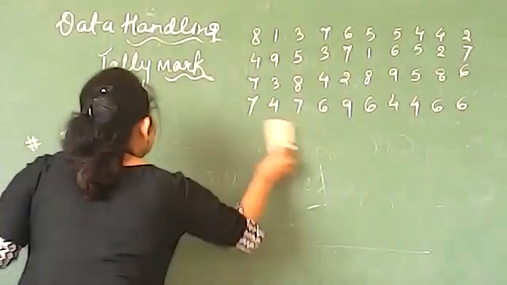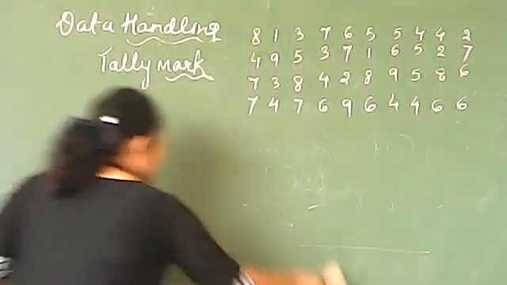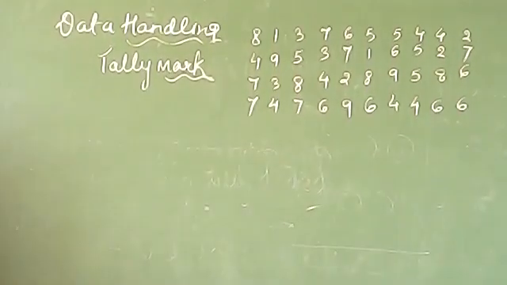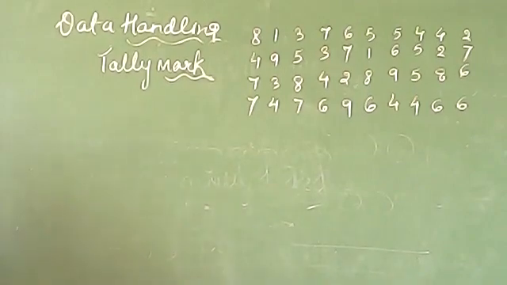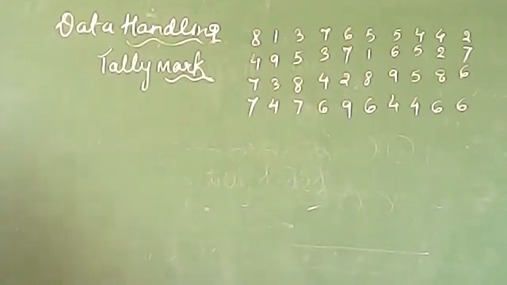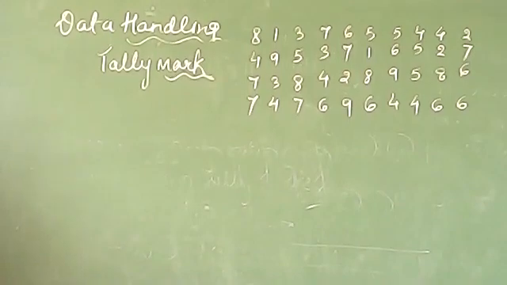Question number 1 says: in a mathematics test, the following marks were obtained by 40 students. Arrange these marks in a table using telemarks.